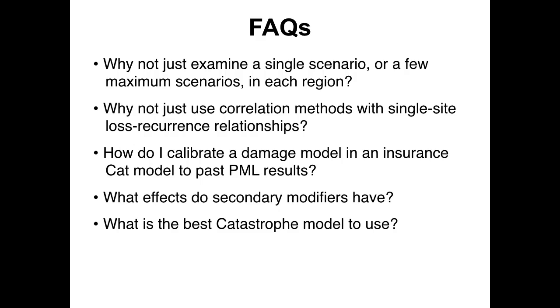And then there are questions about what effects secondary modifiers have, or what's the best catastrophe model to use, and we'll leave it to the individual owners and engineering service providers to have those conversations with the catastrophe model providers.